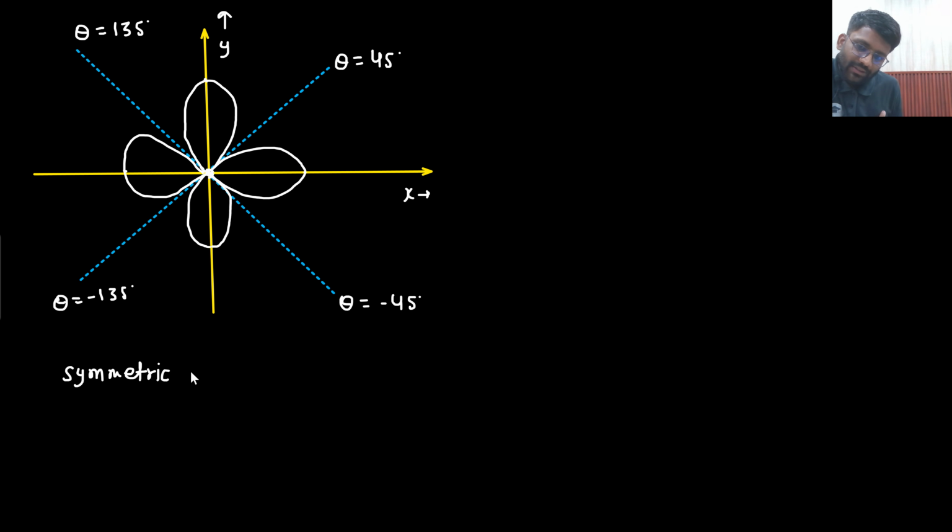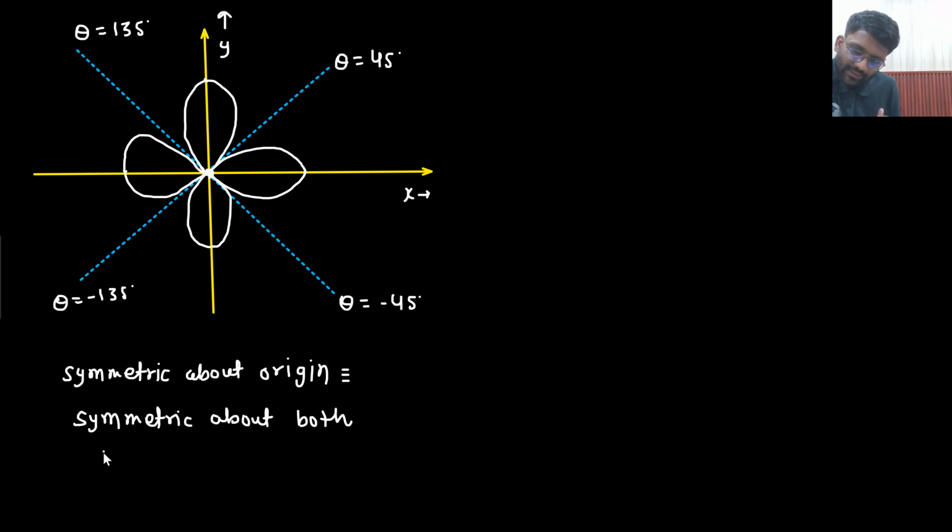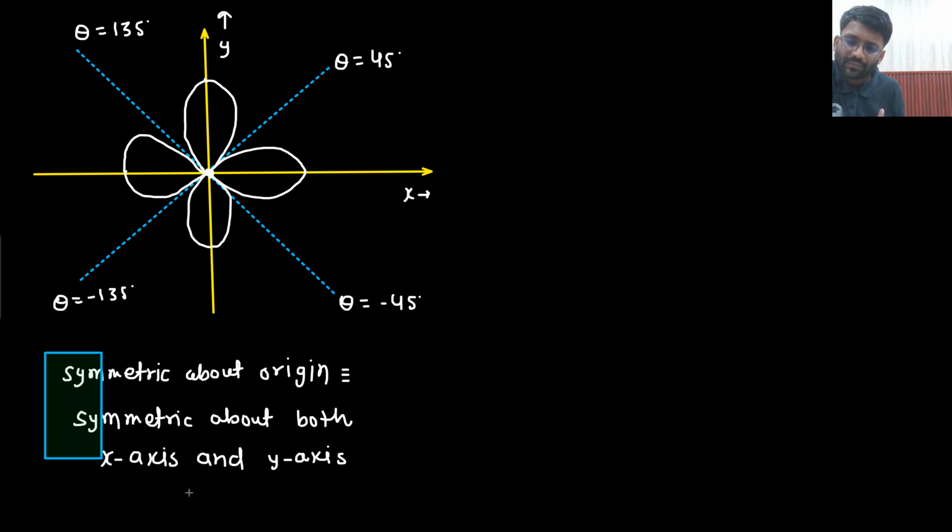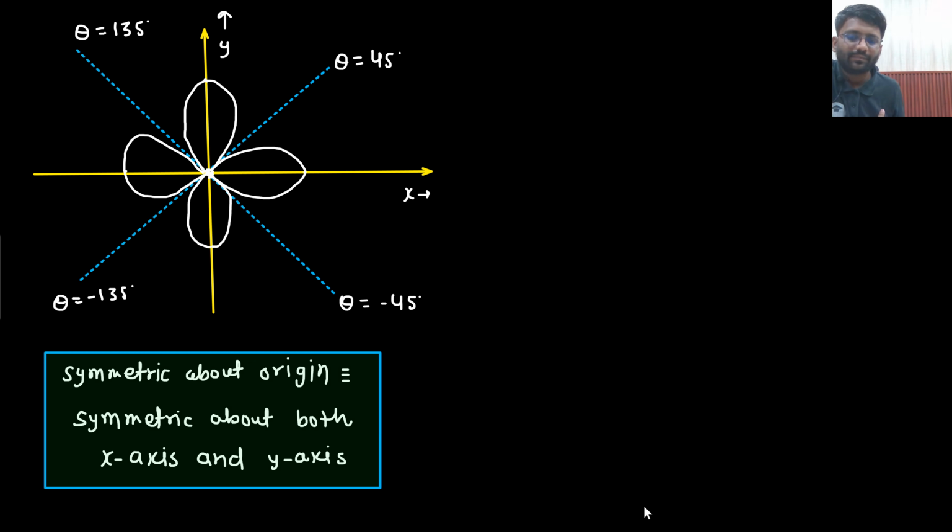Symmetric about origin means symmetric about both the x axis and the y axis. So it is symmetric about both. Understandable? Let's calculate the area.